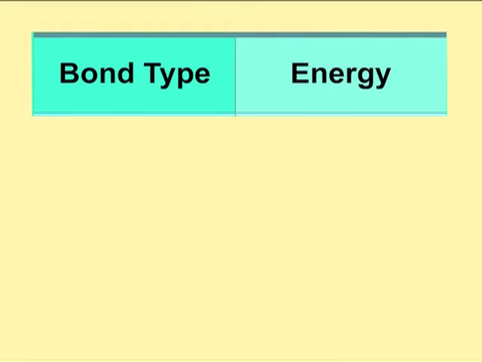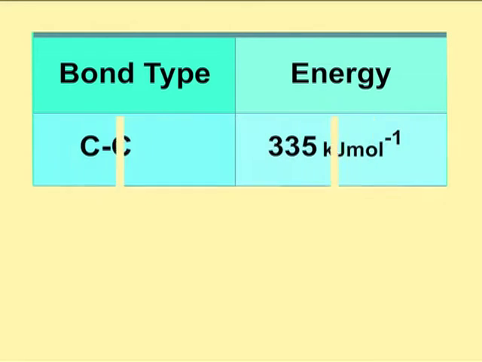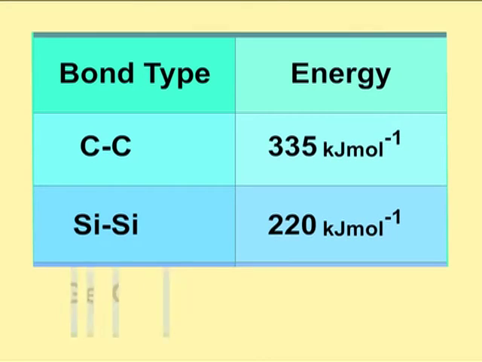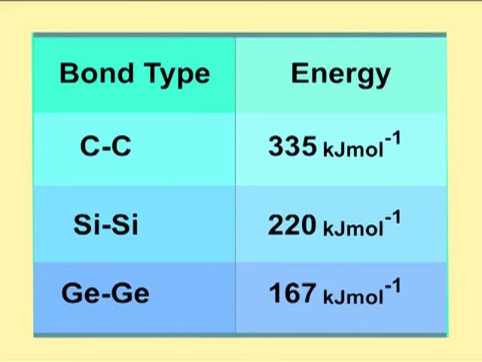For example, as shown in this table, carbon-to-carbon bond dissociation energy is 335 kilojoules per mole. For silicon-to-silicon bond, dissociation energy is 220 kilojoules per mole. And germanium-to-germanium bond dissociation energy is 167 kilojoules per mole.